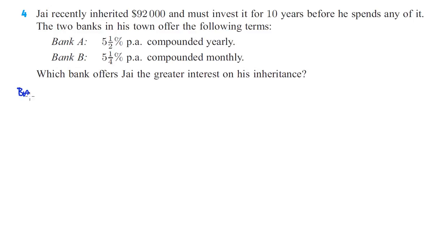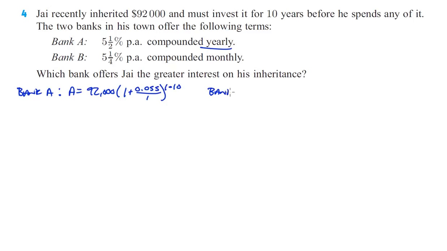So we got Bank A. Let's see, we're going to do his ending amount equals the original investment of $92,000 times 1 plus 0.055, that's 5.5%, divided by compounded yearly, so that's going to be a 1 here and a 1 here, and it's for 10 years, right?